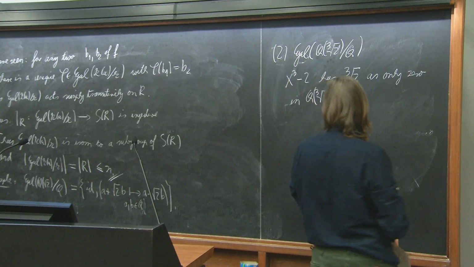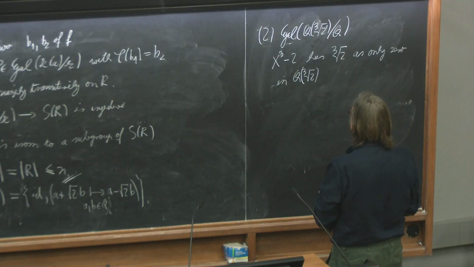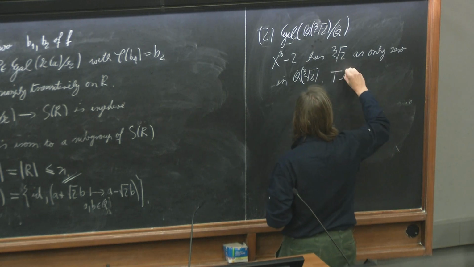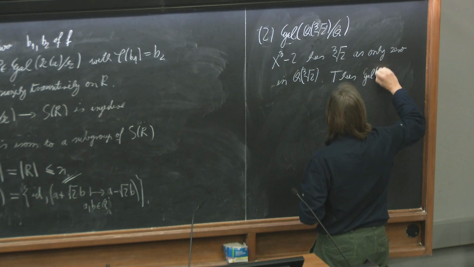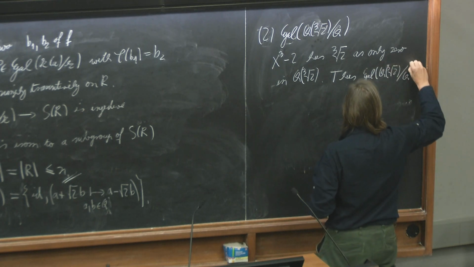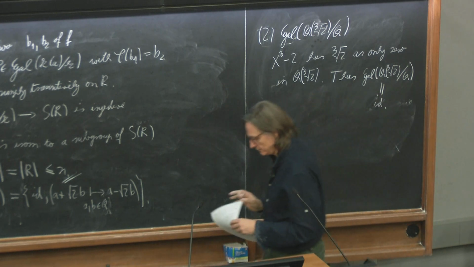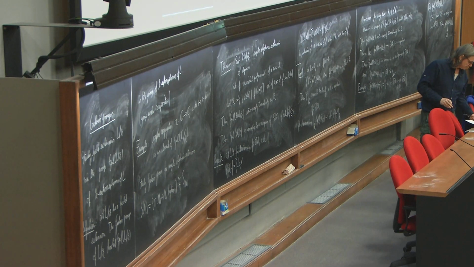So that means, as the action of the Galois group is simply transitive, there can be only one element in the Galois group, and obviously the identity is always there. Thus the Galois group of Q(third root of 2) over Q is equal to the identity of Q(third root of 2). Okay, so these are the examples.